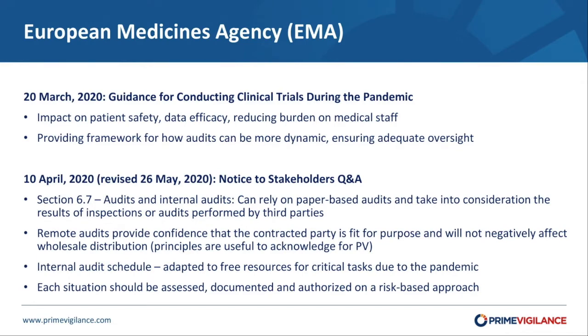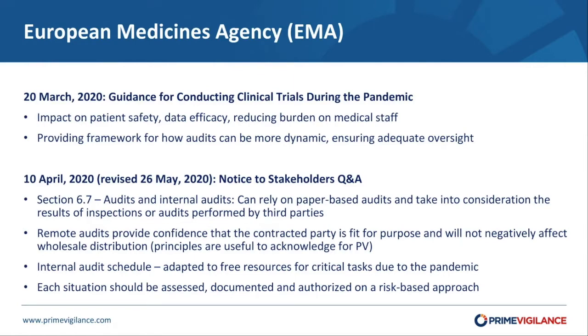On 10th of April 2020, there was a Q&A document released, and certainly section 6.7, sorry, audits and internal audits. This particular section discussed the reliance on paper-based audits, taking into consideration the results of other inspections and audits to complement your intelligence of quality assurance and building on that intelligent base.